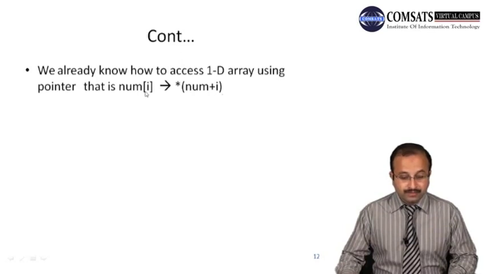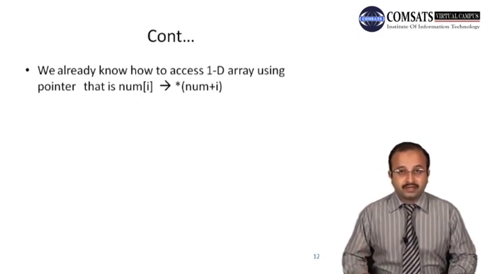So let's say if num of I is num of 2, you are accessing the value of the element whose index is 2 in the num array. So num is, let's say, 500. Then 500 plus 2 means 508, that is the address, 500, 504, 508, of the third element, that is at index number 2 in the num array.